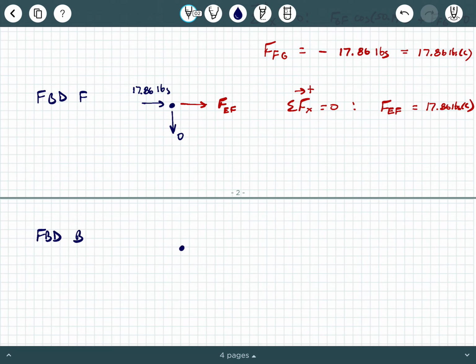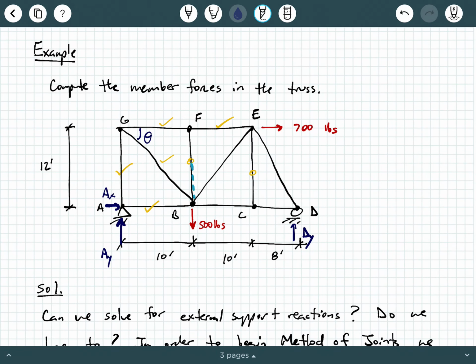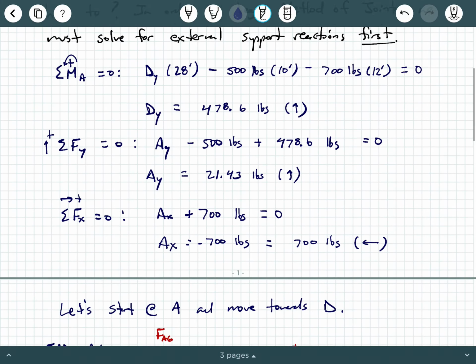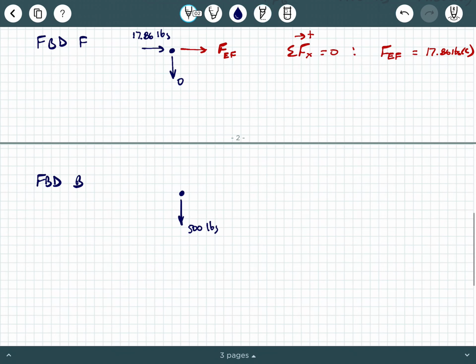So FBD of joint B. And at joint B, remember we had the 500 pounds here. And what else do we know? There's a lot going on at B. We had a zero force member vertically here. We have FAB and FBG. So let's populate this.